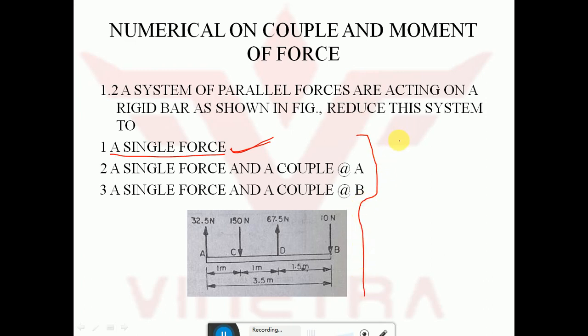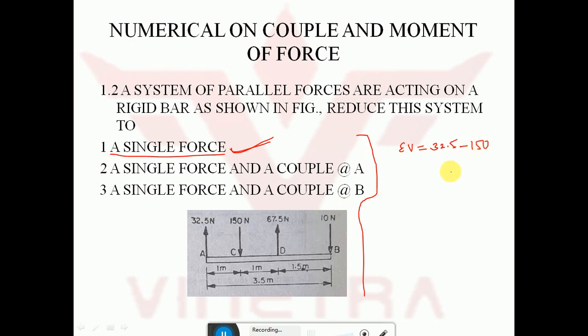So what is the first bit? He is asking to find the resultant. Summation of vertical forces: as we can see, there are no horizontal forces. Upward force we take as positive and downward force as negative. Summation of V is nothing but the algebraic sum. So 32.5 is a positive force since it is acting upward, minus 150 Newton.